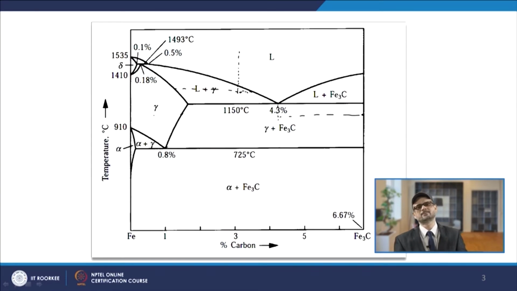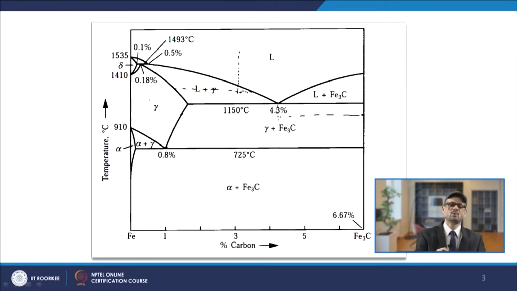This is another invariant reaction, the peritectic reaction, which is happening at this point, and in this case the liquid plus delta gives you the gamma. So, one liquid plus one solid phase gives you another solid phase, and that is your peritectic reaction.